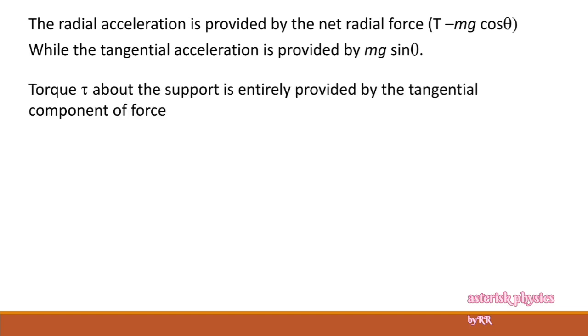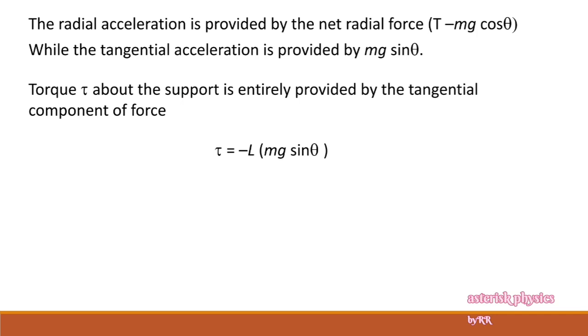And this force mg sin theta produces a torque, and the torque tau about the support is entirely provided by the tangential component of force and is given by tau equal to minus L into mg sin theta. Because basically we know that torque is equal to R cross F. Here R is L and F is mg sin theta.